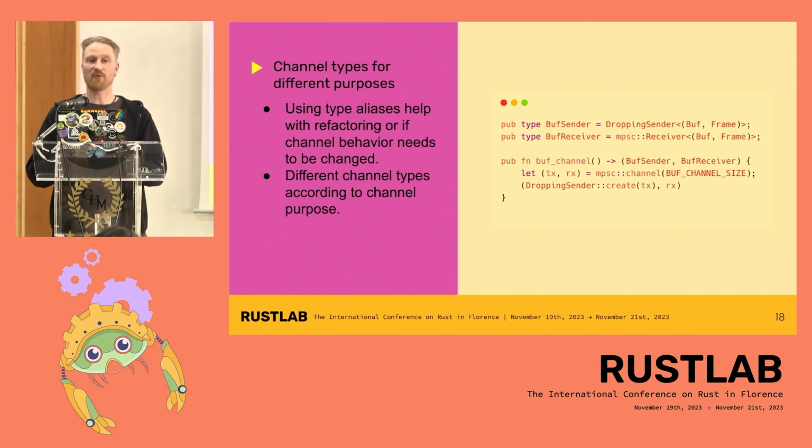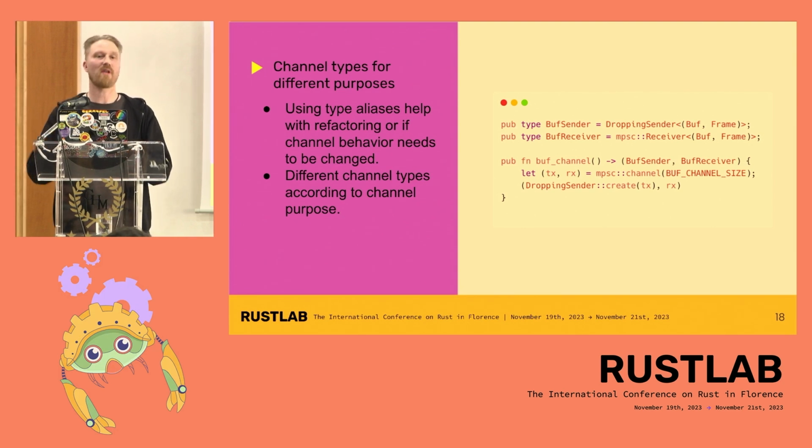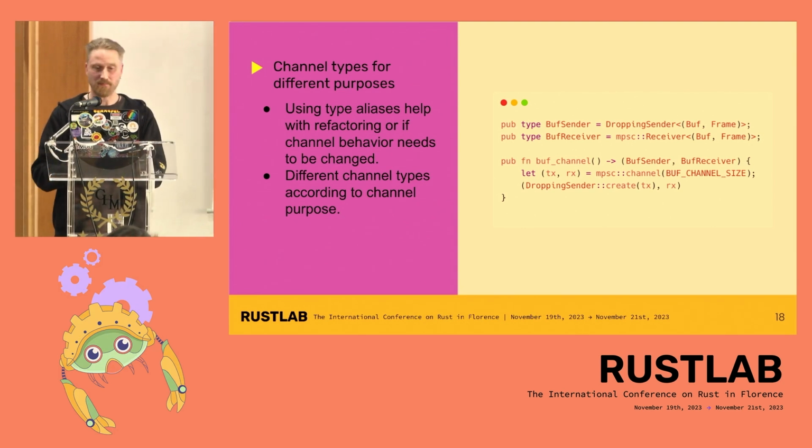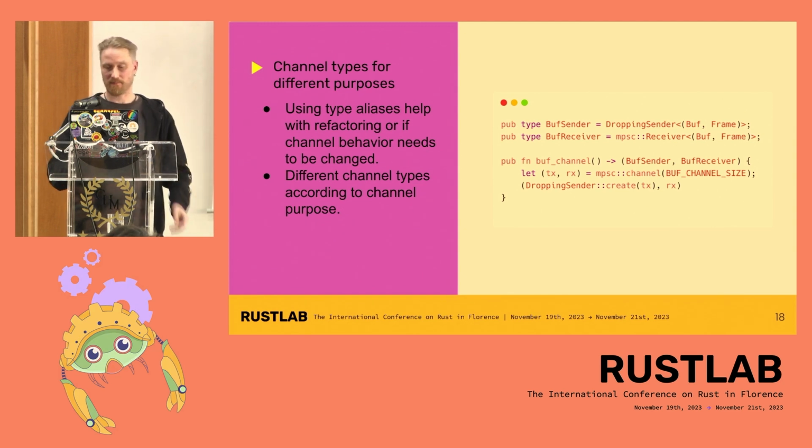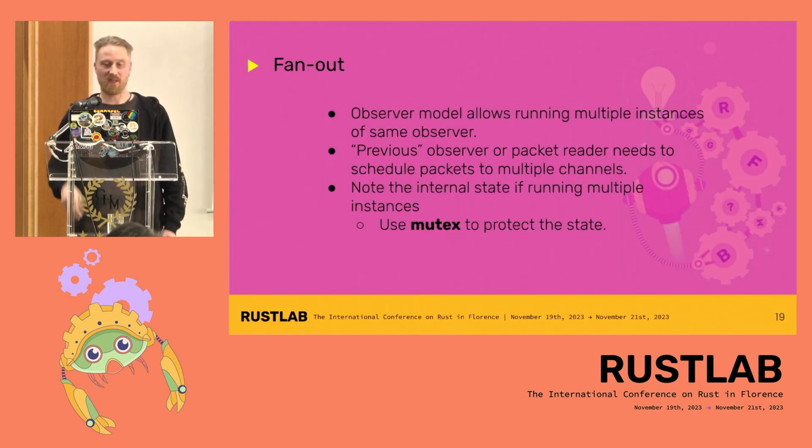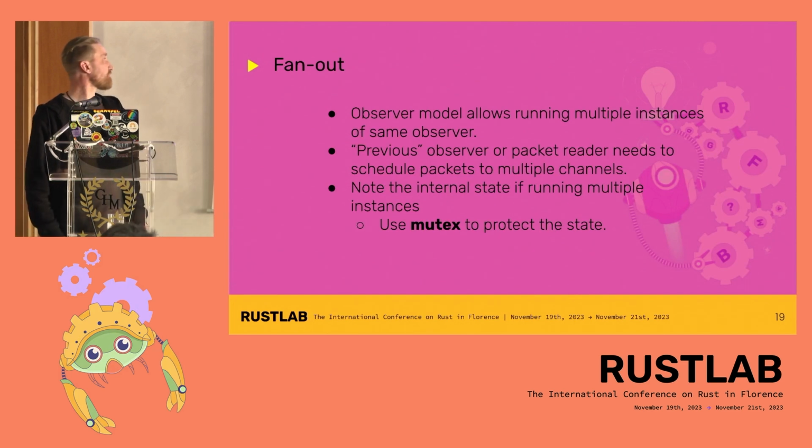So this allows you to more freely try different things without the need to refactor the observers themselves. This also allows you to change channel characteristics, like the capacity of a channel, from a single place, instead of once again refactoring the observers or needing to change multiple places.